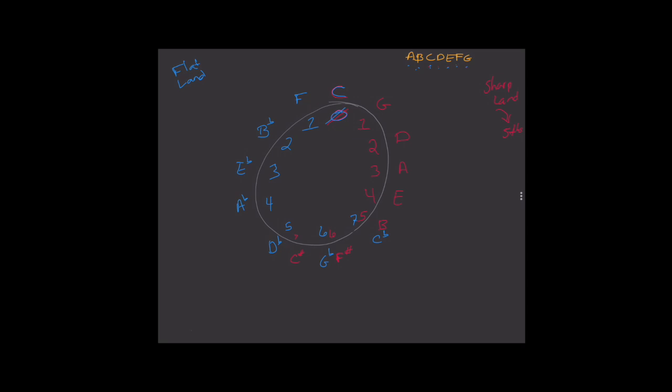Okay. Now there's a really interesting pattern here you could draw out. If you took the C and you drew a line to the C flat, and you took the G and you drew a line to the G flat, and you took the D to the D flat, and the A to the A flat, and the E to the E flat, the B to the B flat, and the F sharp to the F, and then the C sharp back to the C, you end up with this pattern, which I didn't draw very precise lines, but you get the point.